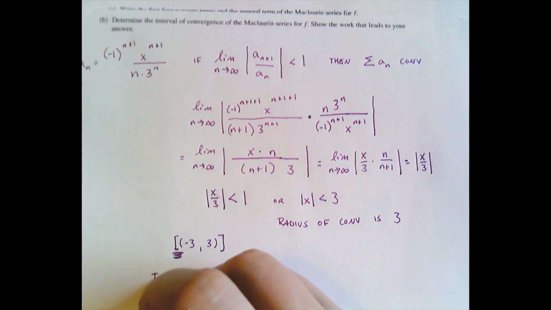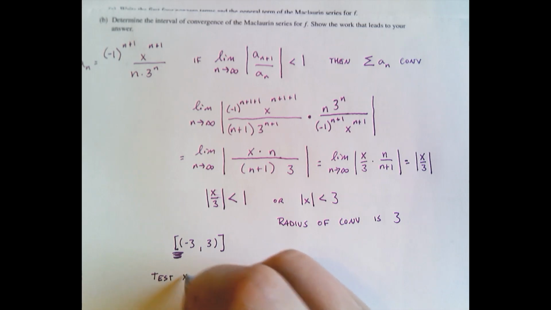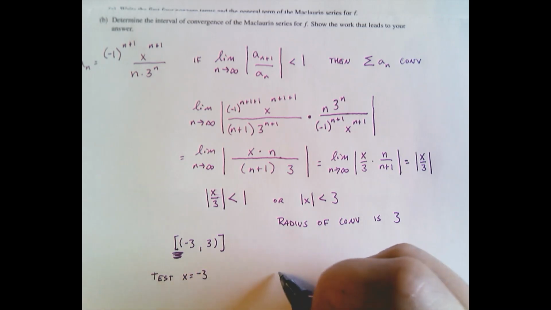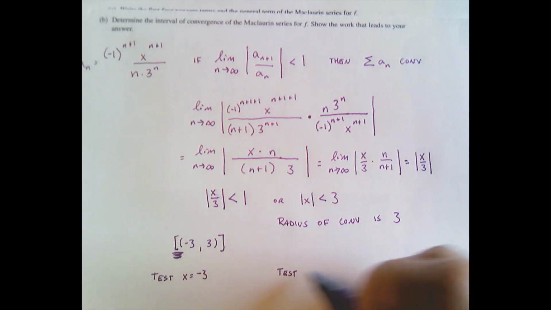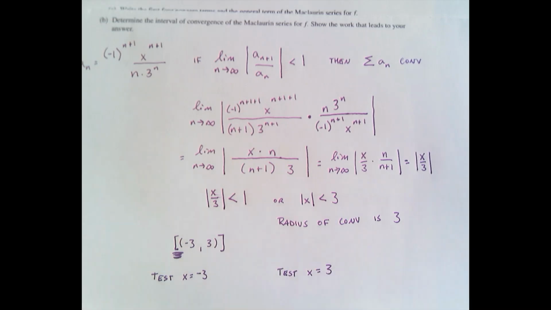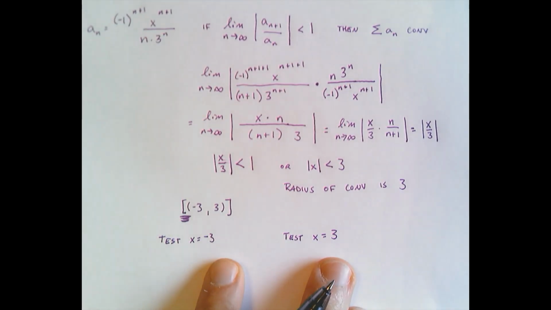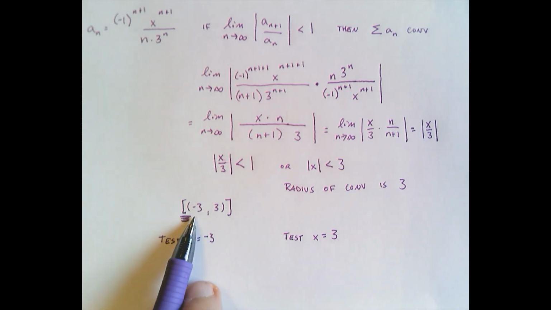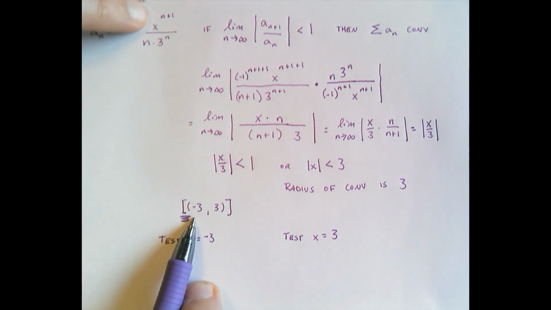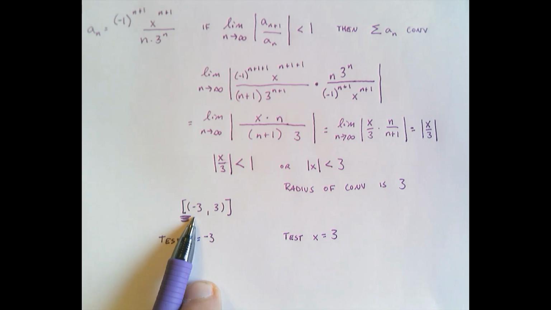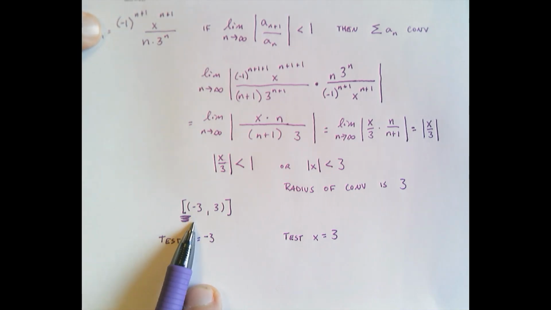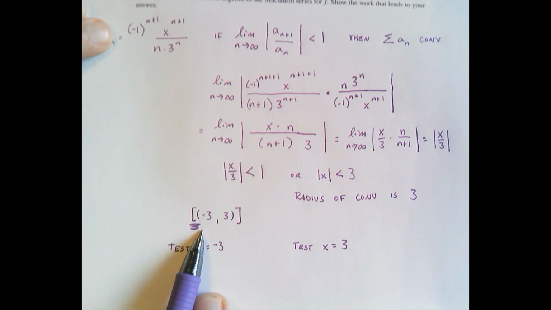If we test the endpoint x equals -3, and if we test the endpoint x equals 3, that will tell us whether those endpoints allow for convergence. So we're going to stick -3 into the original series expression, and see if we arrive at a convergent series.